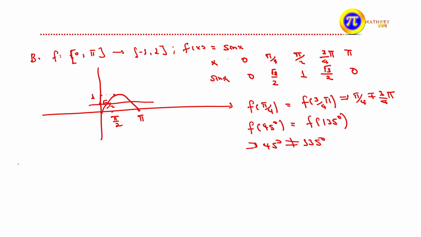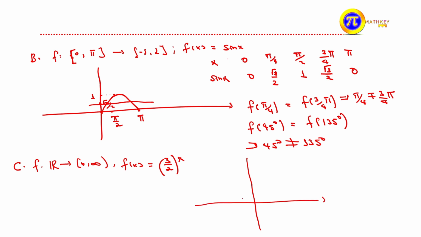Correct አይደለም። Let us consider the next one, that is C. F from the real numbers to 0 to positive infinity. እዚህ ጋር observe ስናደርግ, f of x is equal to 3 over 2 to the power of x. As we are familiar, the domain of an exponential function is the set of real numbers ብለናል። For instance, x 0 ሲሆን the value is 1.